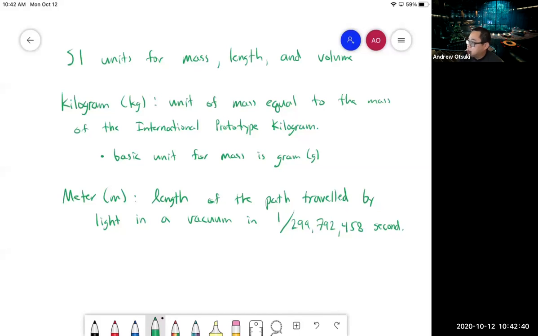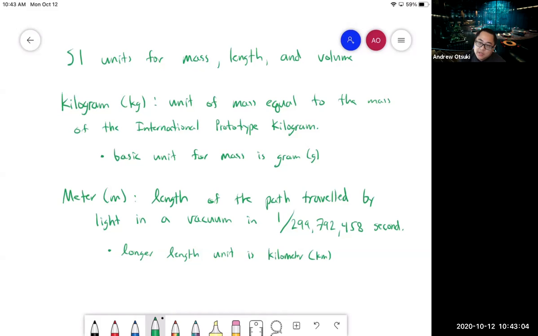Okay. So meter is the base unit. A longer length unit is kilometer.